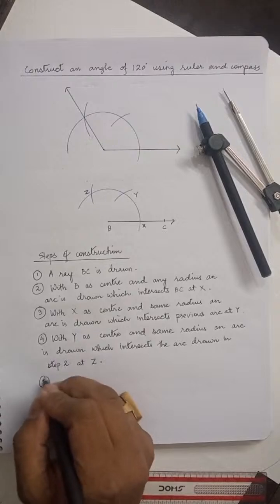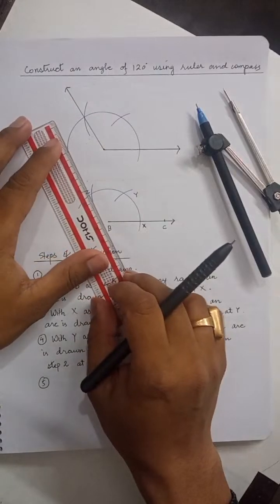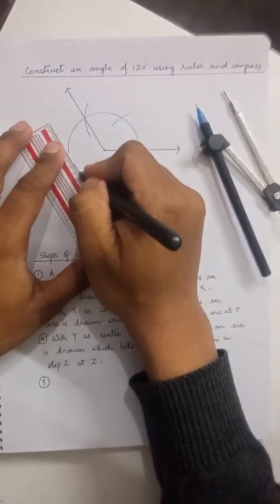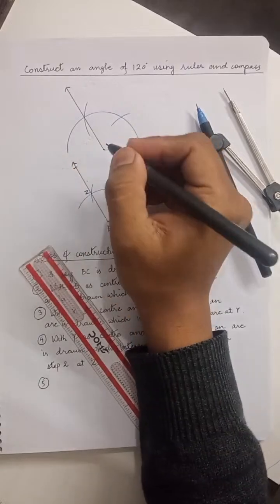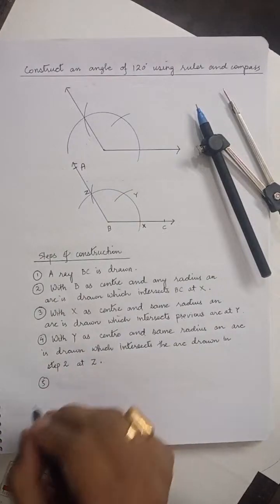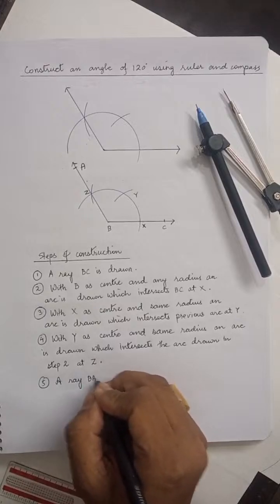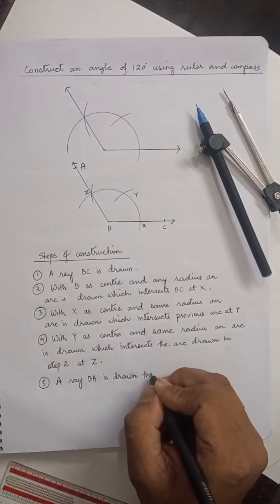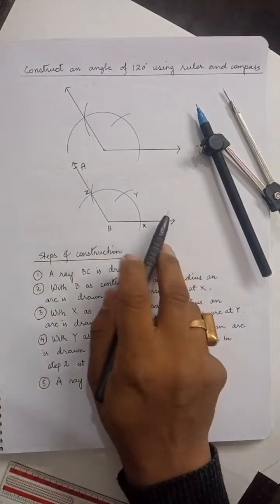And final step, we will draw a ray. Okay, so let me name the ray BA. We'll write a ray BA is drawn through Z. So we will get our required angle ABC.